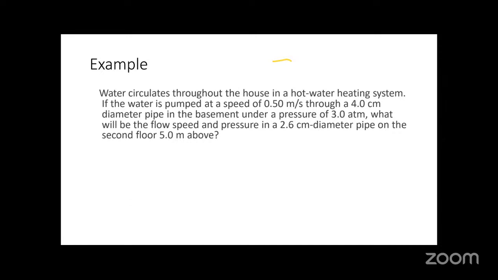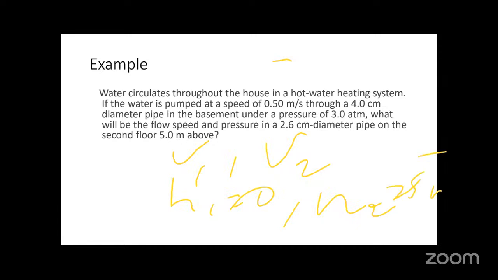We'll have V1, we'll have V2, then we have H1 is equal to 0, H2 is equal to 5 meters, P1 is given to us at 3 atmosphere, so we have to find P2. So we cannot use Bernoulli's equation to find P2.